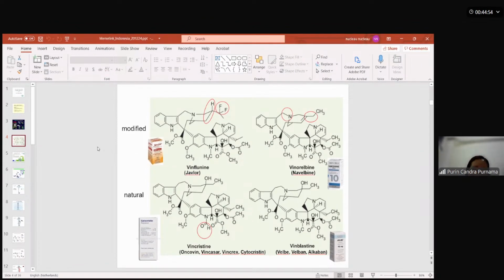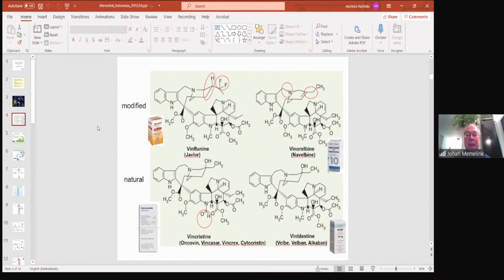Okay. So this is to show that there are several trade marks for these compounds. At the bottom are the two natural compounds, vincristine and vinblastine, and they have various trade names as medicines against cancer.